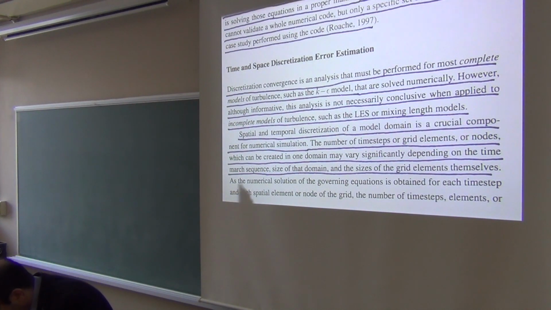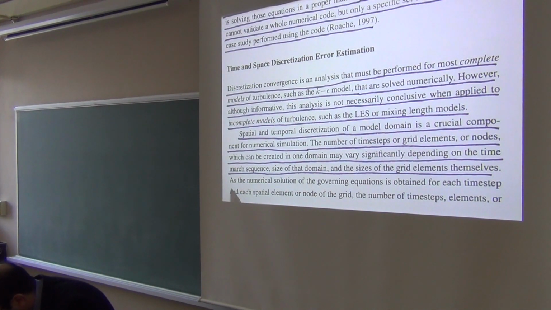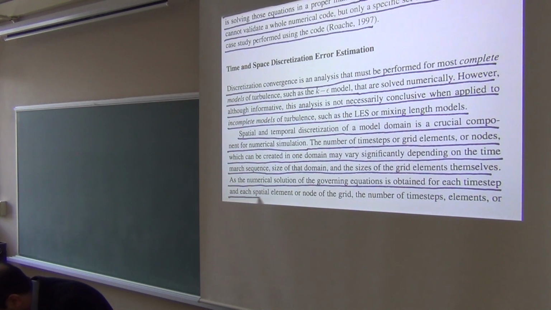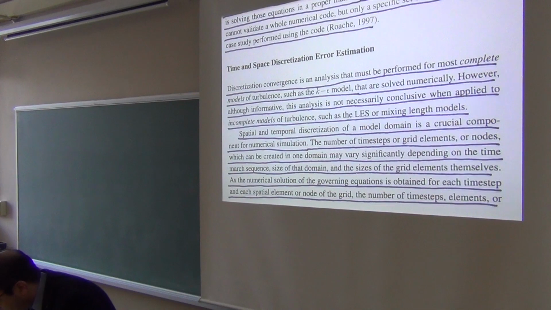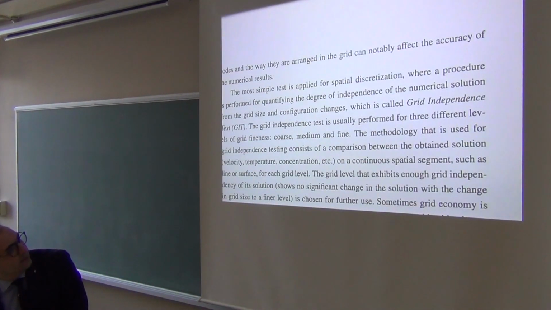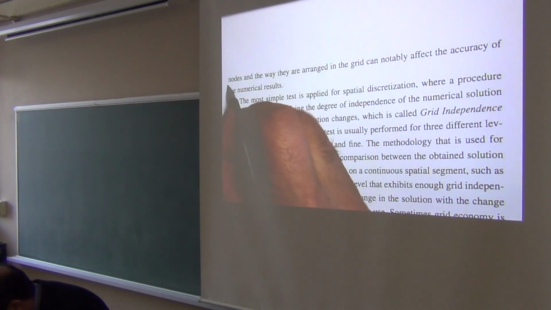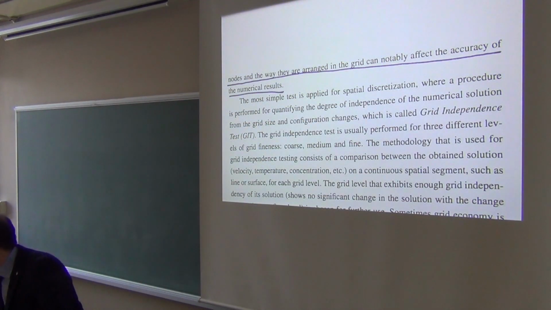As a numerical solution of the governing equations is obtained for each time step and each spatial element or node, the number of time steps, elements, or nodes and the way they are arranged in the grid can notably affect the accuracy of the numerical result.